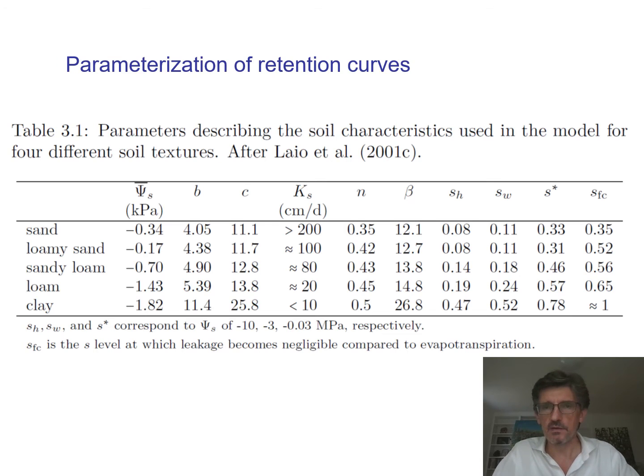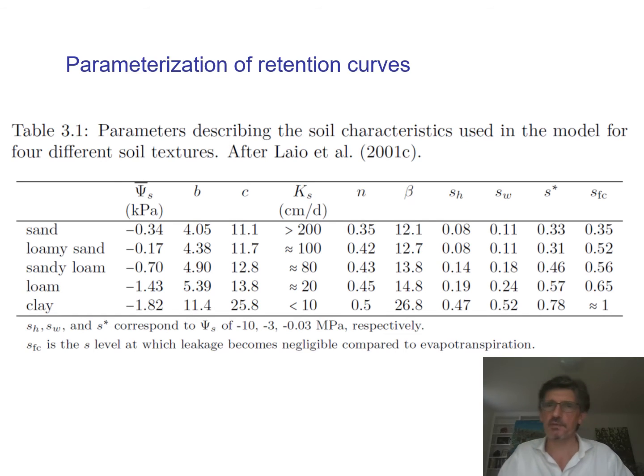If we want to parameterize these curves, we can use this table. It's in the notes, and you can see what I was telling you: the number b, the exponent, can be pretty high. For clays, it's almost 11. Sorry, it's 11.4. The psi s is a value in kilopascal, which changes depending on whether you have a sand, a loamy sand, a sandy loam, a loam, or a clay.